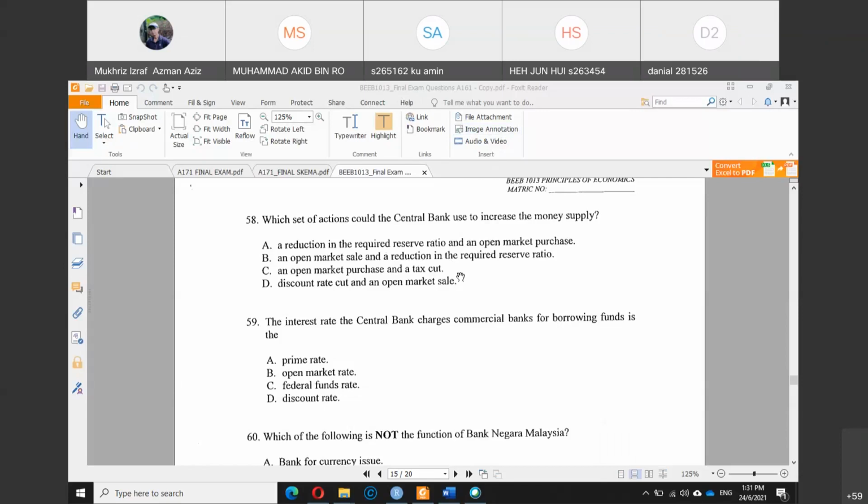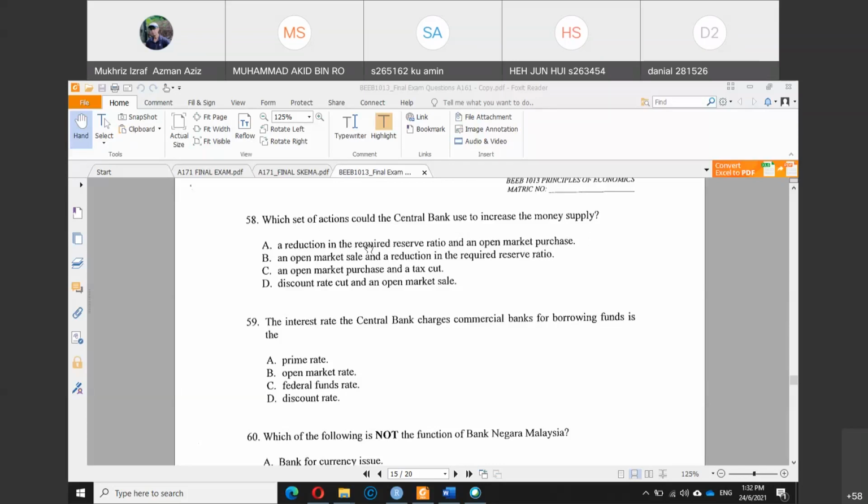Okay, so let's go through solution A: a reduction in the required reserve ratio and open market purchase. We know that the reserve ratio is the requirement that the central bank can change in order to increase or decrease the money supply, because it will change how much commercial banks can give as loans to the public.